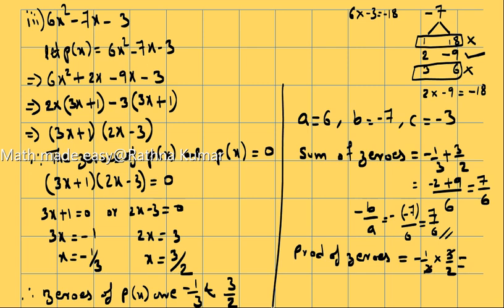Cancel 3 and 3, we will get -1/2. So we will do c/a. That is equal to, what is c here? -3 over a, which is 6. 3 1s are 3, 3 2s are 6. So we are getting -1/2.